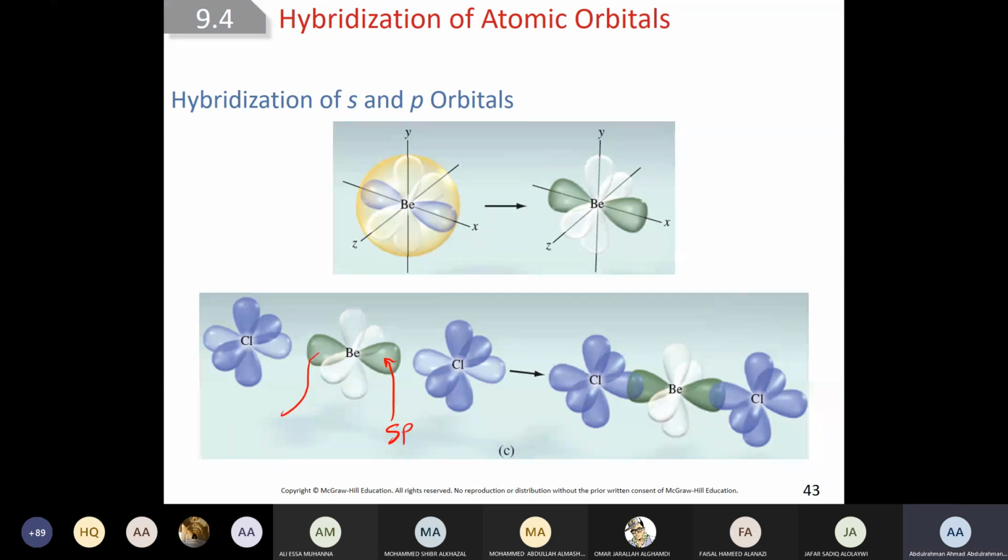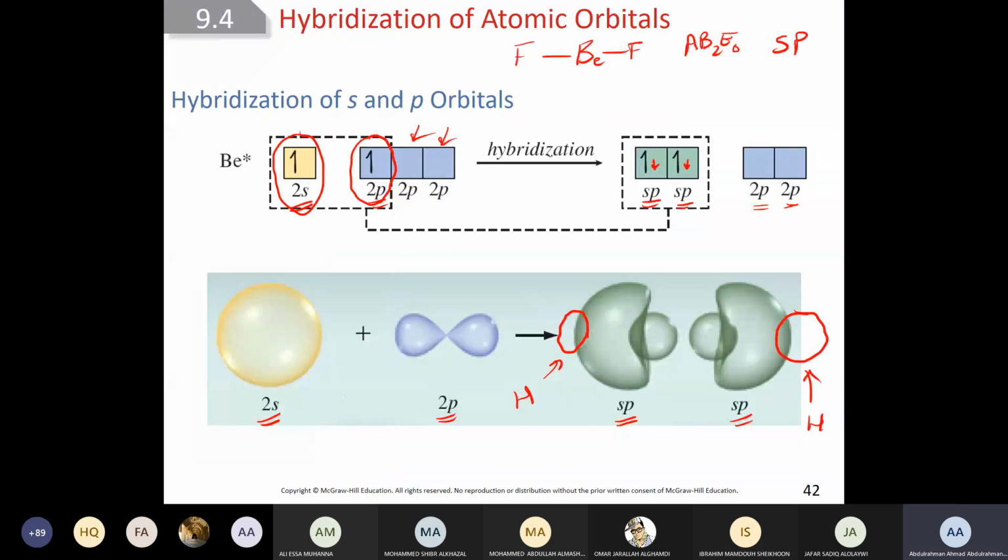What's the name of this orbital? SP. But what's the name of this white orbital? It's P only. Because as I said, two will interact to make these new two orbitals, and the others will be empty orbitals.